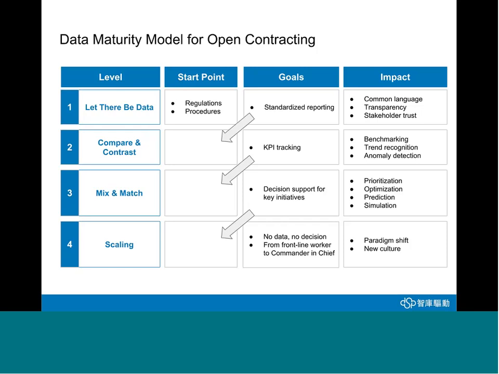The next level, I call it mix and match. In this level, the goal is to use data for decision support for key initiatives. This is beyond transparency, beyond anti-corruption. You can mix procurement data with data from other domains, so you can mix and match, and then you know how to prioritize or even optimize your resources.